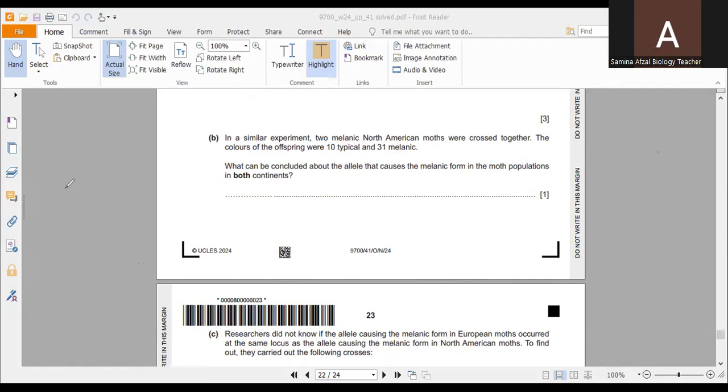So dominant allele, which one is dominant? That is melanic, because they are greater in number. So again, we can see this is the 3:1 ratio. 3:1 ratio means 3 are melanic.